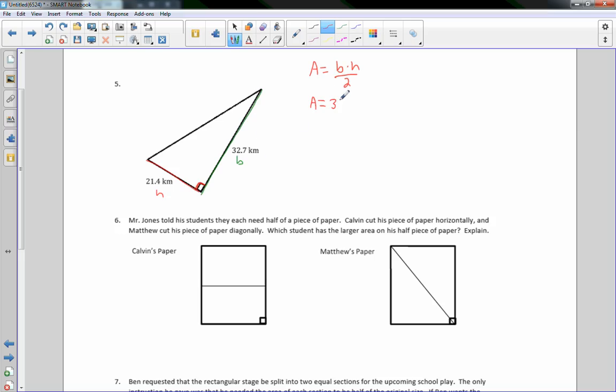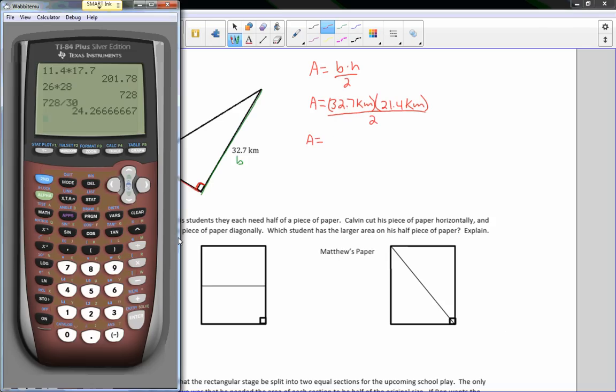Base is 32.7 kilometers. That's a big triangle. 32.7 kilometers times 21.4 kilometers. All divided by 2. So the area equals, okay, with a large number like this, probably a good idea to use a calculator.